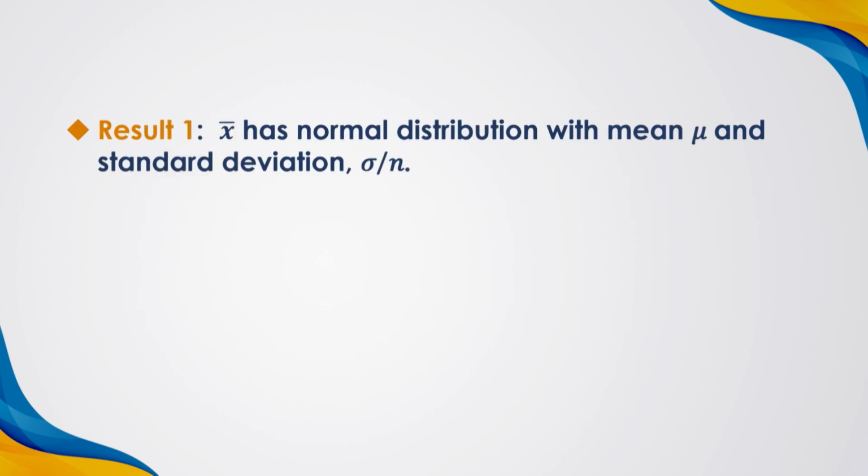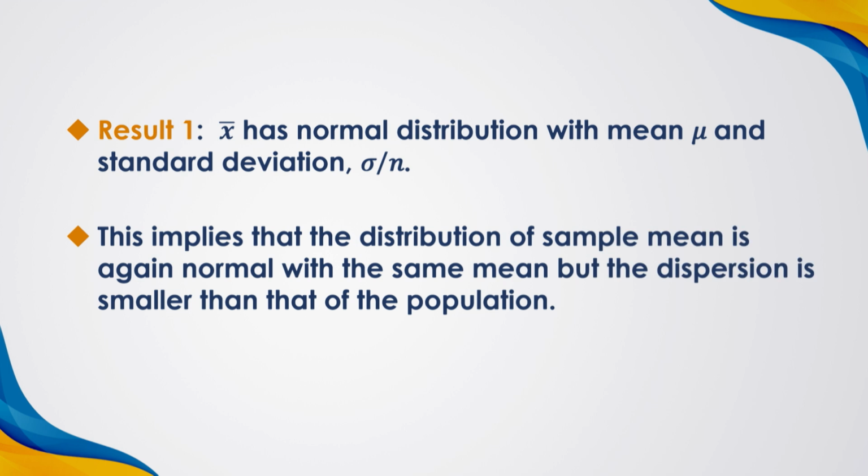Result 1: x bar has a normal distribution with the mean mu and standard deviation equal to sigma divided by square root of n. This implies that the distribution of the sample mean is again normal with the same mean, but the dispersion is smaller than that of the population.